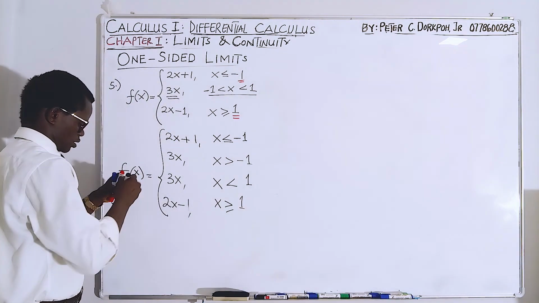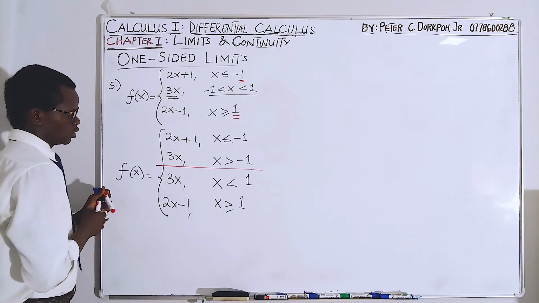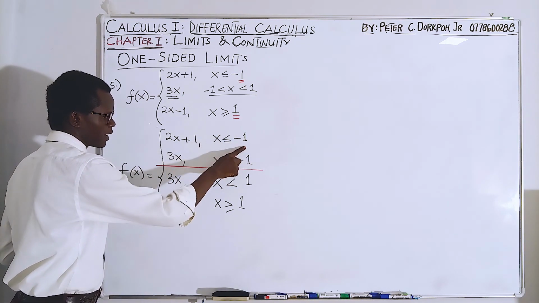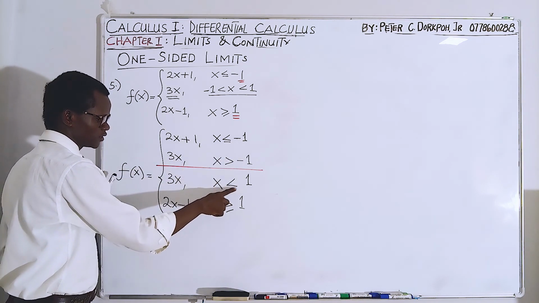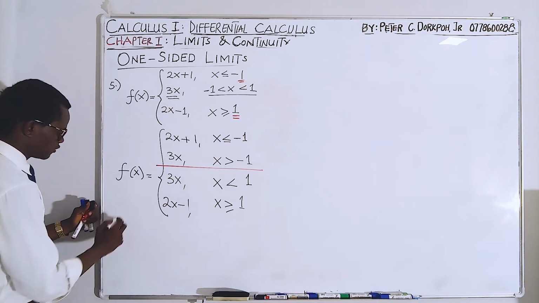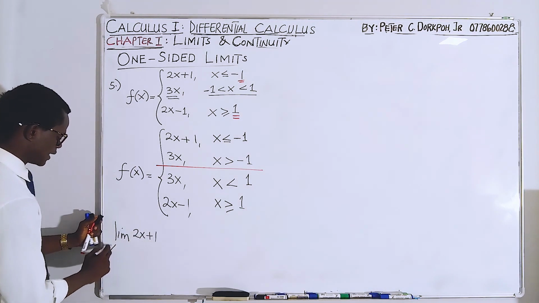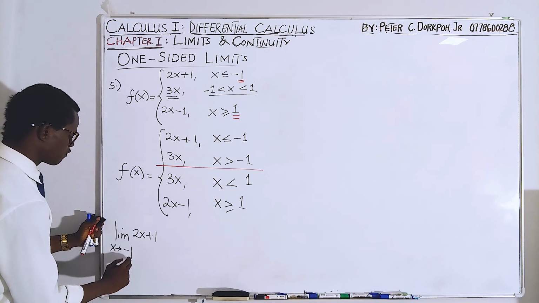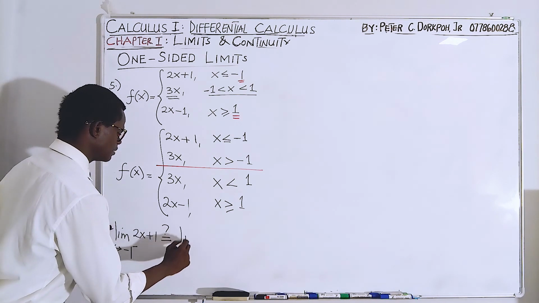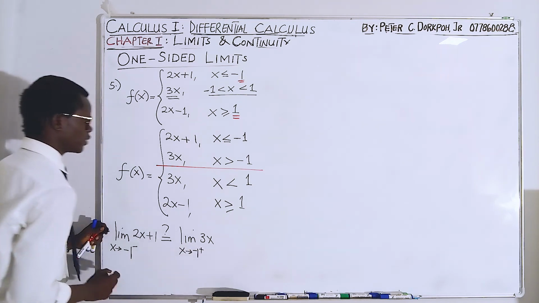So this thing is being divided into 2. So we test the left and the right hand side. This is the left, this is the right. At the point minus 1, we test the left and the right, and at the point positive 1, as to whether the limit does exist. So we take the first one, the limit of 2x plus 1 as x approaches minus 1 from the left equals, question mark, the limit of 3x as x approaches minus 1 from the right.